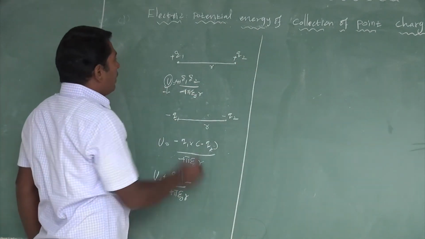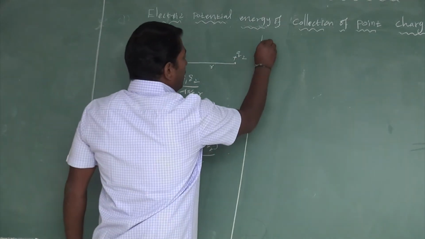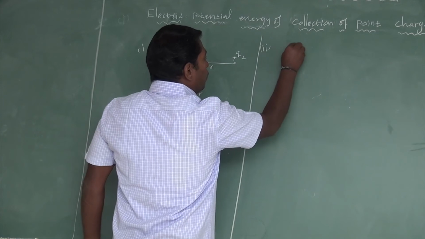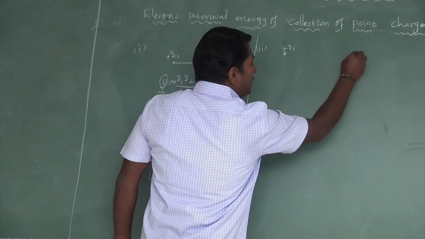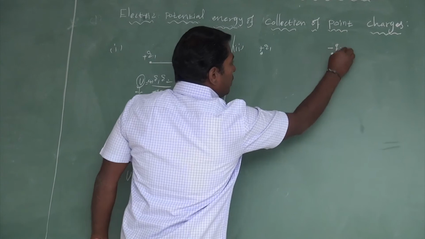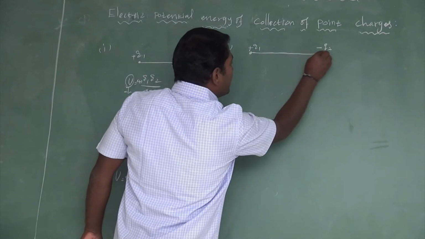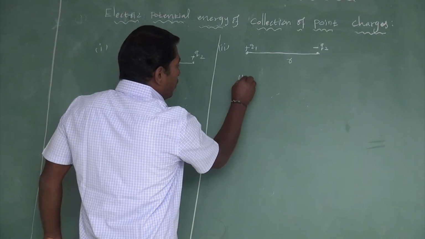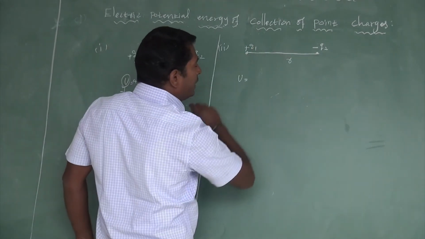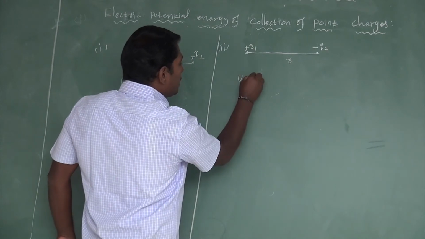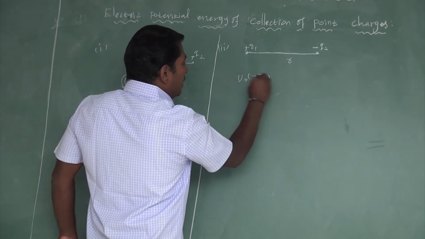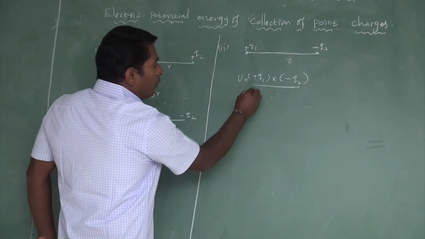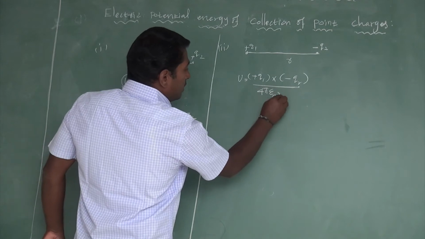Another one, in the second case: one point charge plus Q1, another point charge minus Q2. Both point charges are assembled at a particular distance r, and work has to be done. That work done is stored as electrostatic potential energy between the two point charges, plus Q1 and minus Q2, divided by 4 pi epsilon naught r.